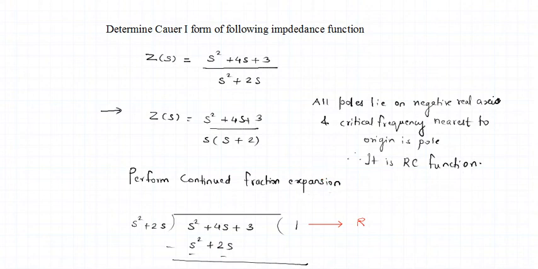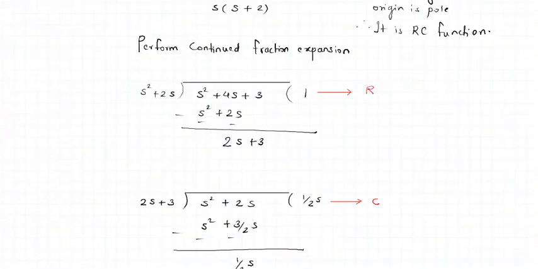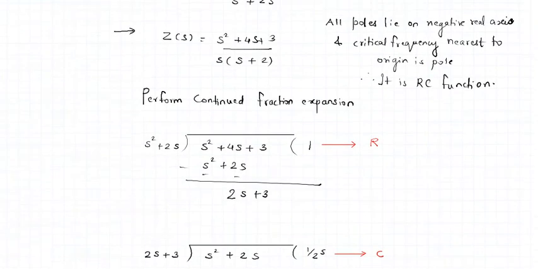For the continued fraction expansion, we need to check whether the numerator is of a higher order than the denominator. What we observe here is that both the numerator and denominator are of the same order, so there is no need to rearrange the function. We can start with the division. The first step of division gives us a quotient of value 1.